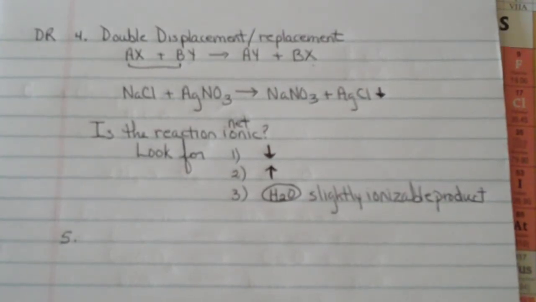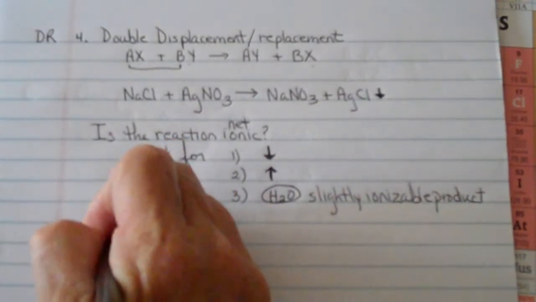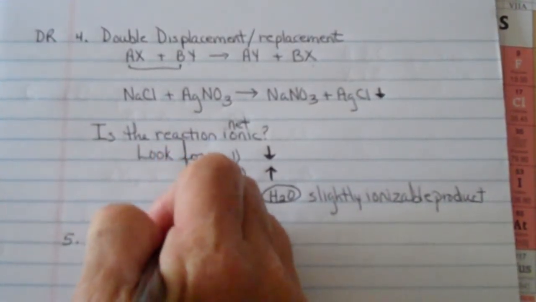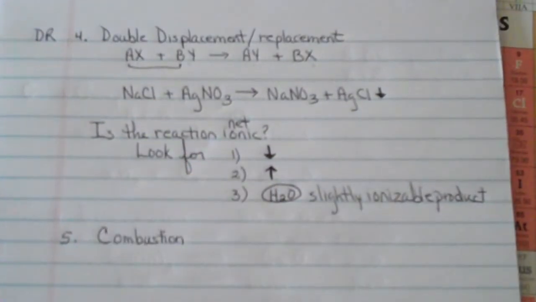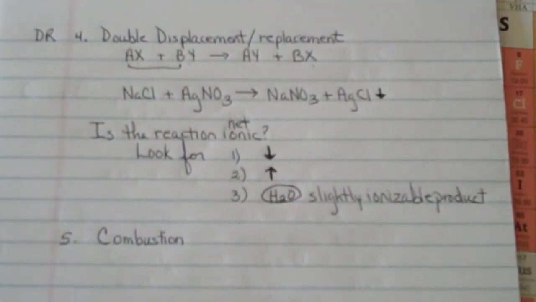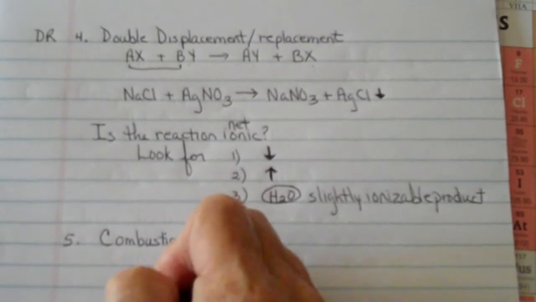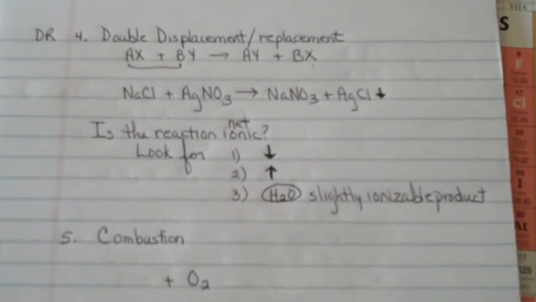All right, the last type of reaction then would be called a combustion reaction. And in a combustion reaction, I mentioned this previously. For burning, for a combustion to occur, something must be present. Well, that something is oxygen.